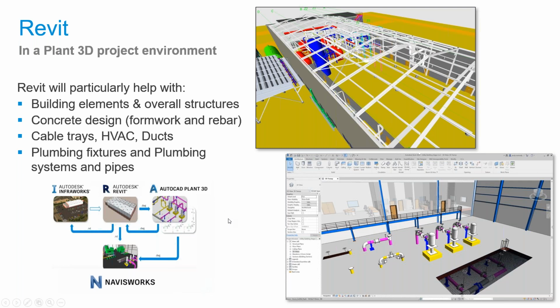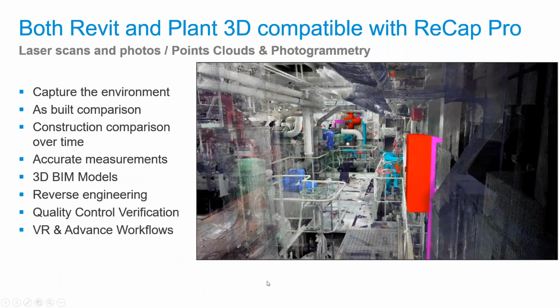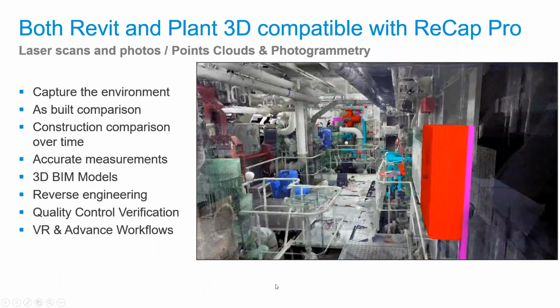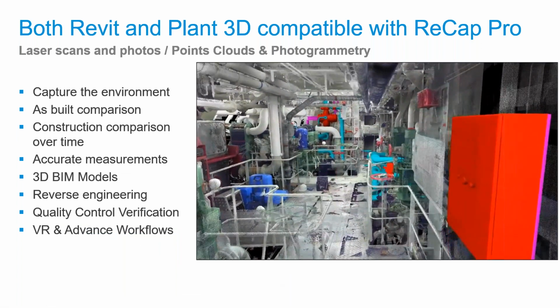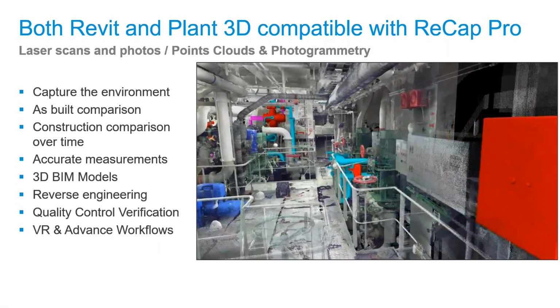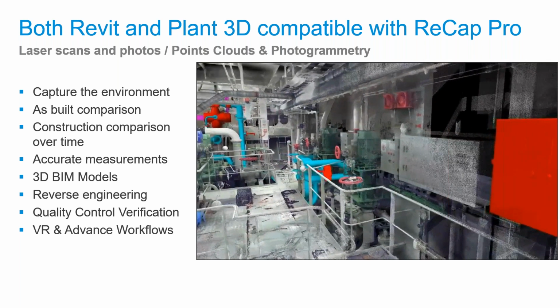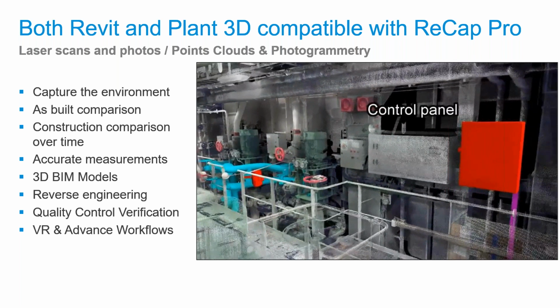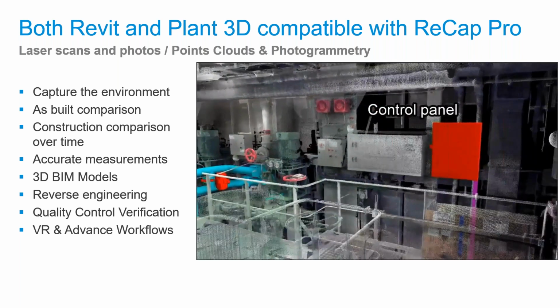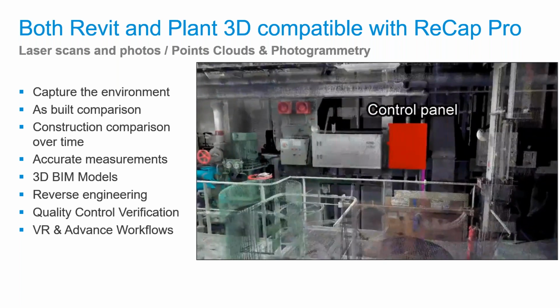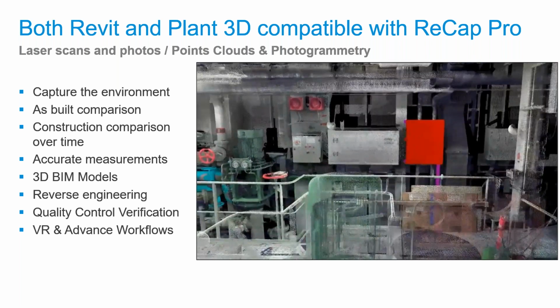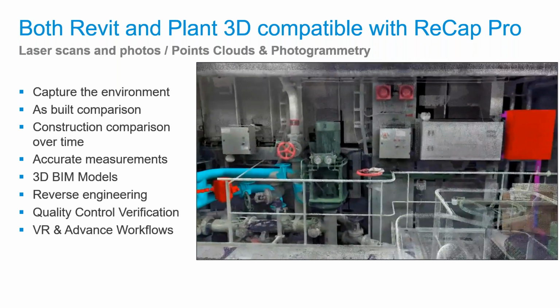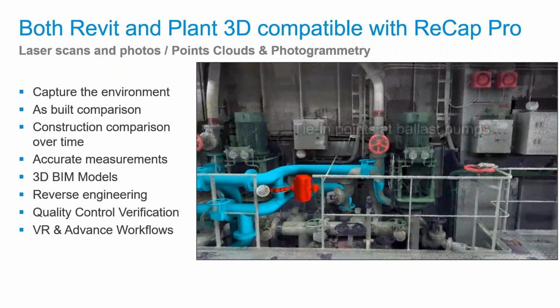Okay. So go ahead and start that. And what you need to know also is both solutions, either Revit or AutoCAD Plant 3D, are compatible with our reality capture solution, ReCap. So you can mix and superimpose a Revit file with a point cloud, for example, as you can see here.